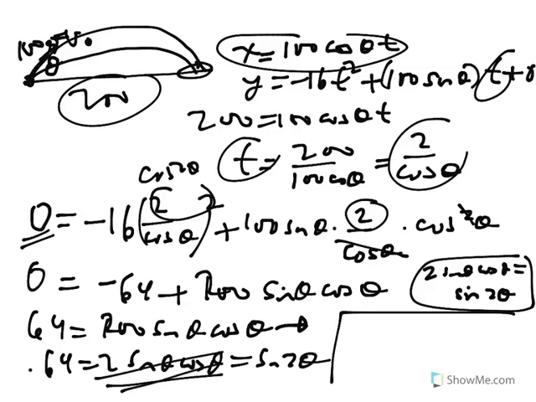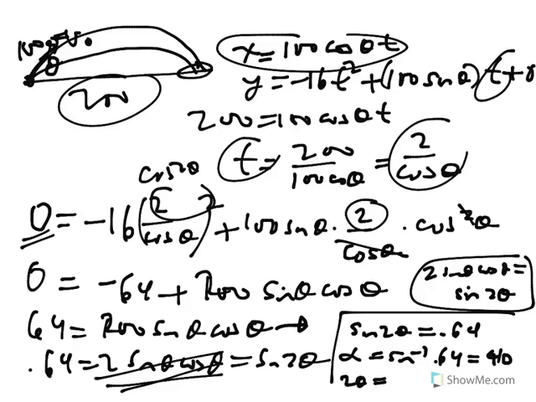Now, just like an equation, if I said sine theta equals 0.64, there'd be two answers. We can say sine 2 theta equals 0.64. The reference angle, we have to do sine inverse of 0.64, and we get 40 degrees.